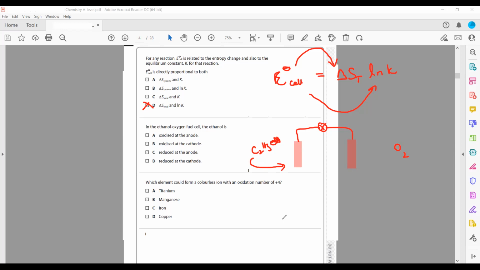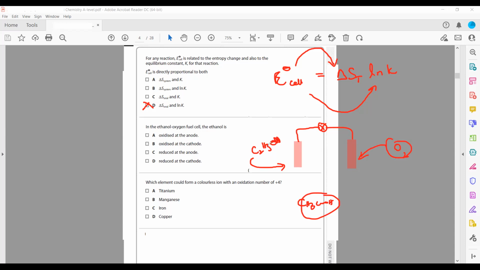When I represent the overall equation, ethanol will be oxidized to ethanoic acid. So first ethanol is there, it will turn into CH3COOH, ethanoic acid, and oxygen is there.